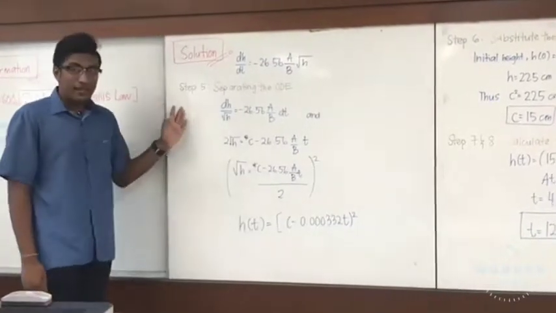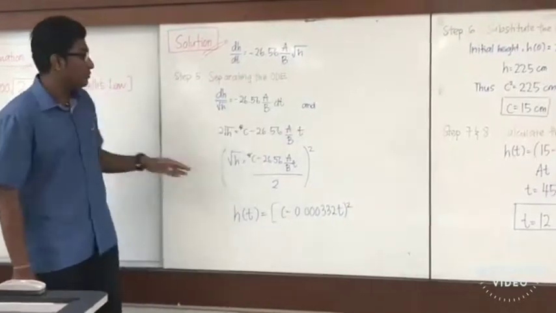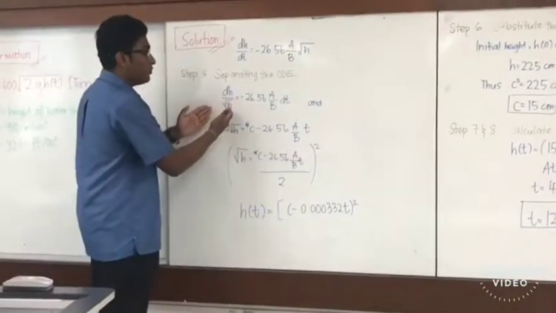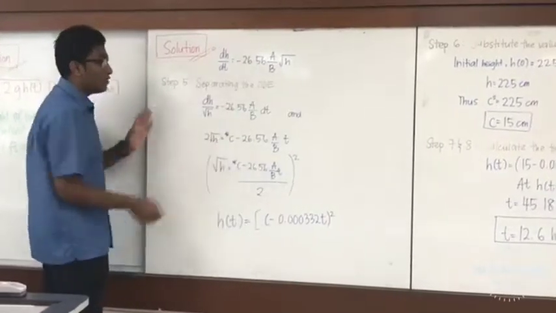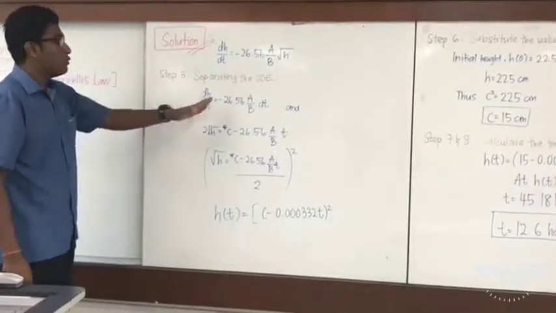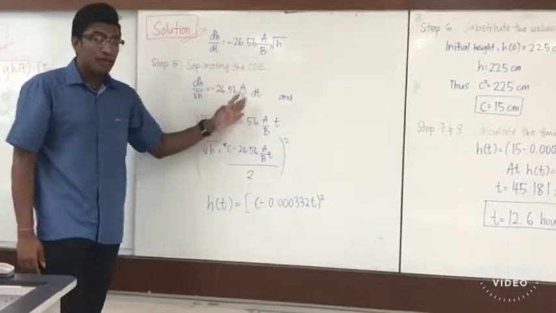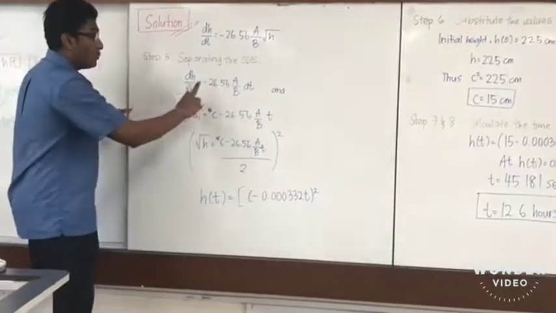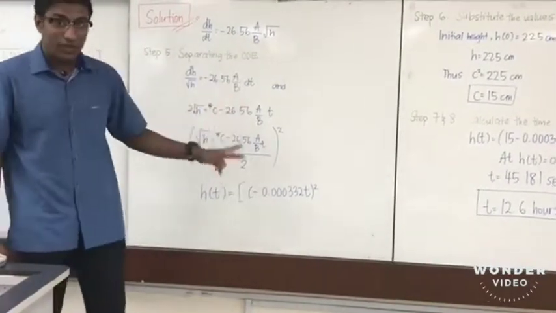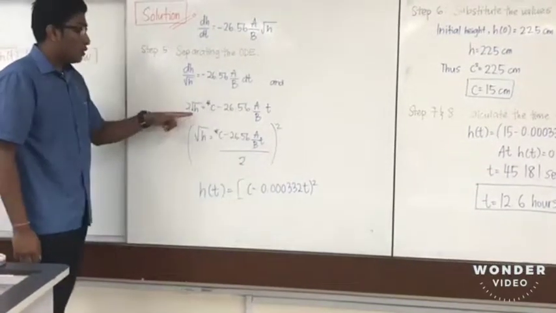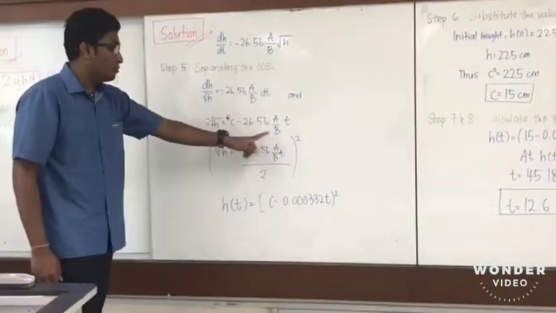Now our fifth step is to separate the ordinary differential equation. I will move the dt to the right and bring the square root h to the left, which gives me dh over square root h equals negative 26.56 A over B dt. After that I will integrate this equation and get 2 square root h equals C, the constant, minus 26.56 A over B t.